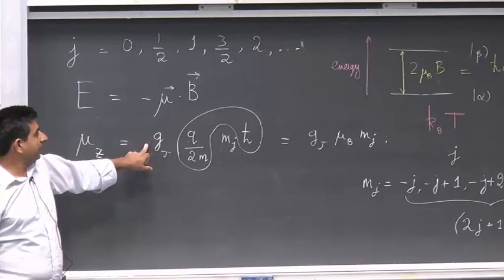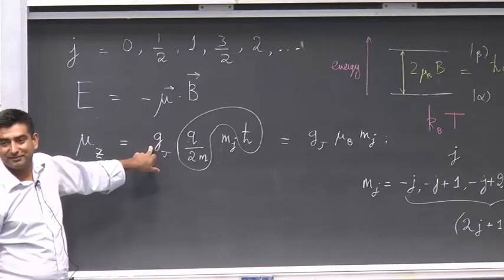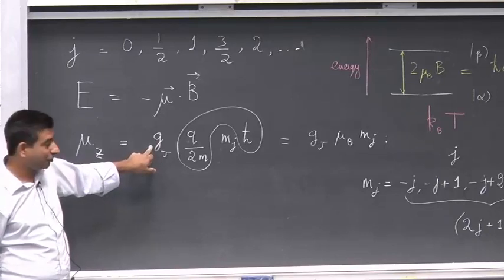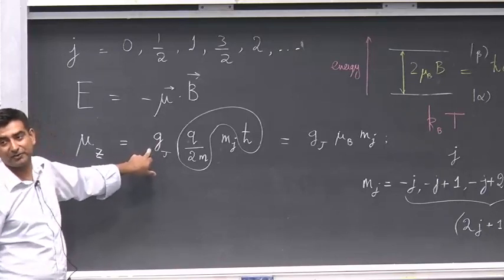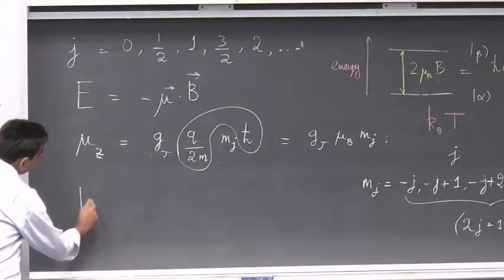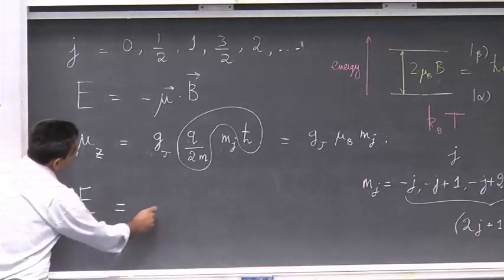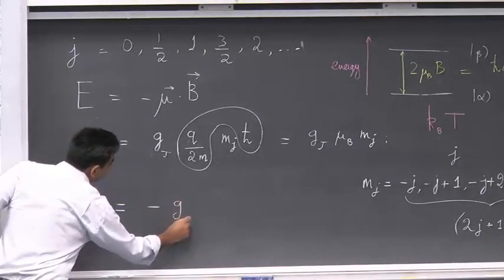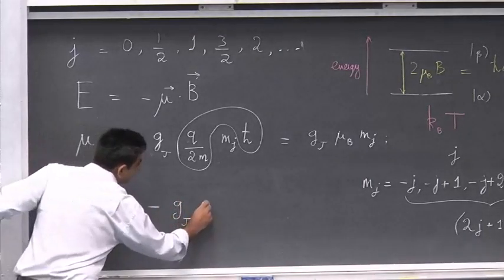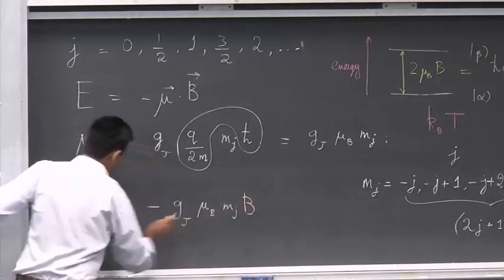In atomic physics you learn what this value is going to be. It depends upon L and S, and you can derive this value from first principles. Anyway, the energy of an arbitrary spin J particle is given by minus Gj mu b Mj B.